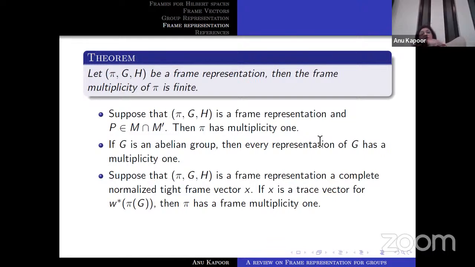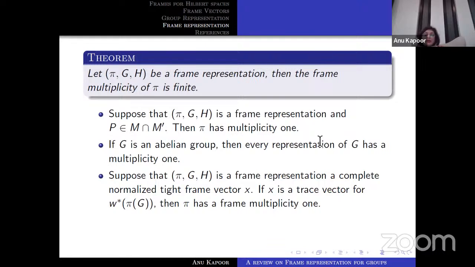The next question is, when does the frame representation have multiplicity 1? Now, what do we mean by multiplicity 1? Multiplicity 1 means there is practically only one class of generators, one class of frame vectors. That is, first, if P belongs to M intersection M dash, which is equivalent to saying that P belongs to the center of M. If G is an abelian group, then also every representation of G will have multiplicity 1.